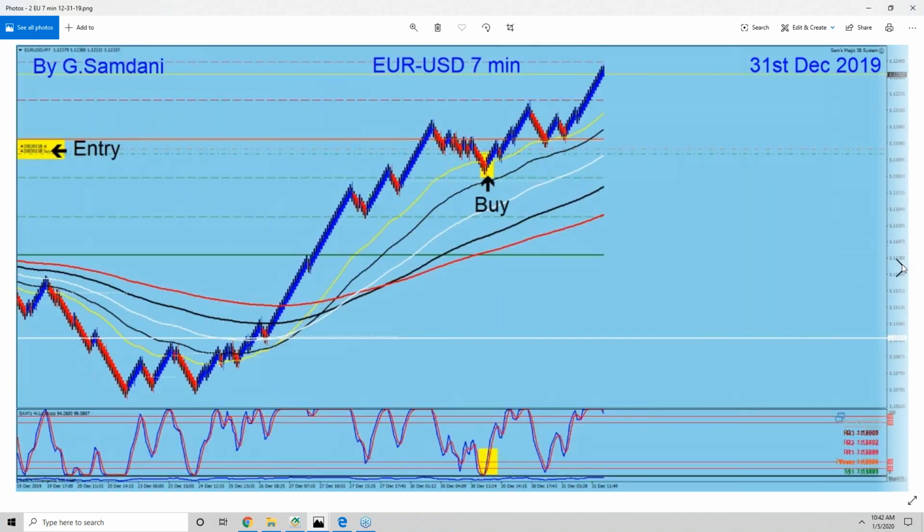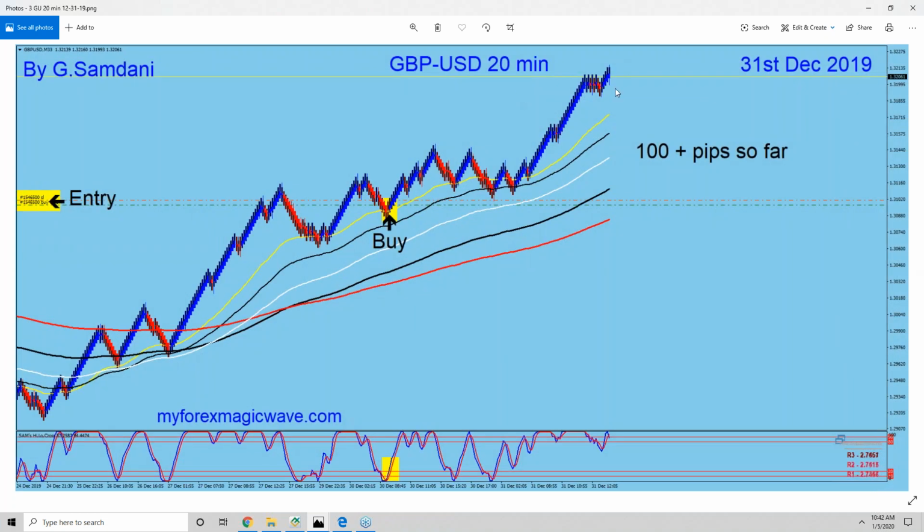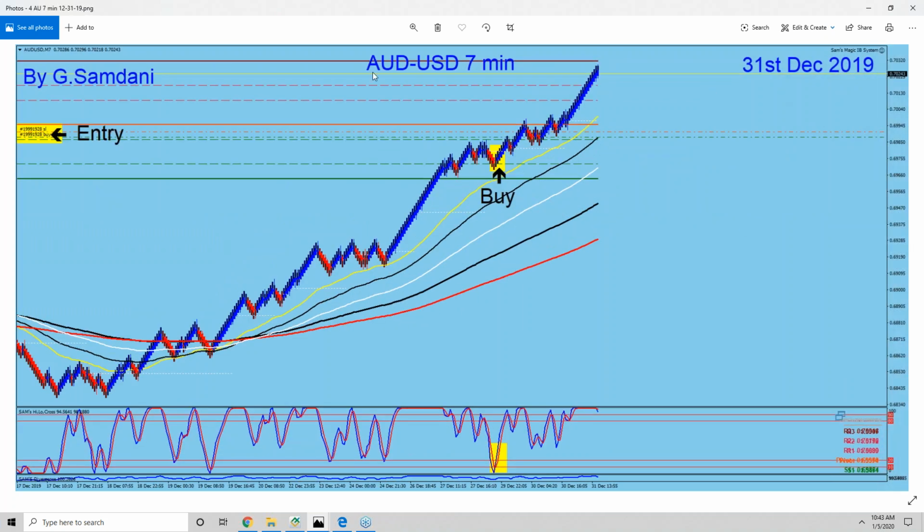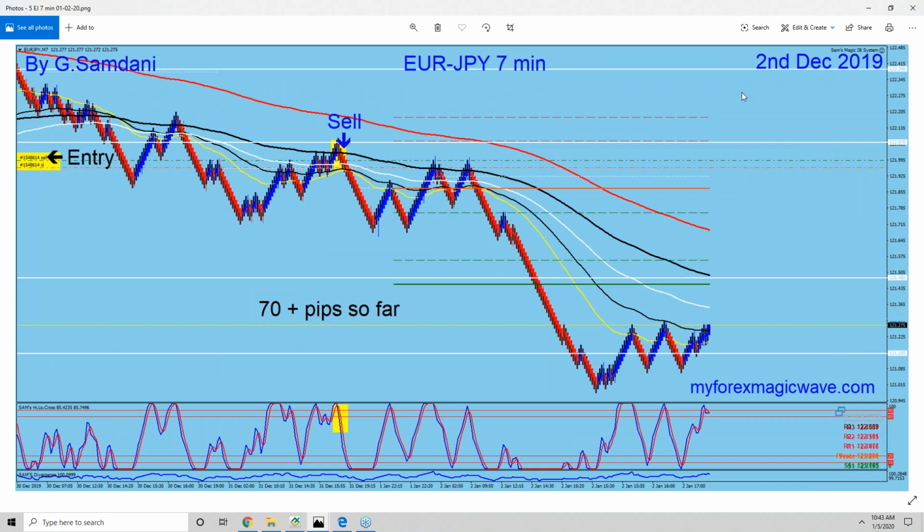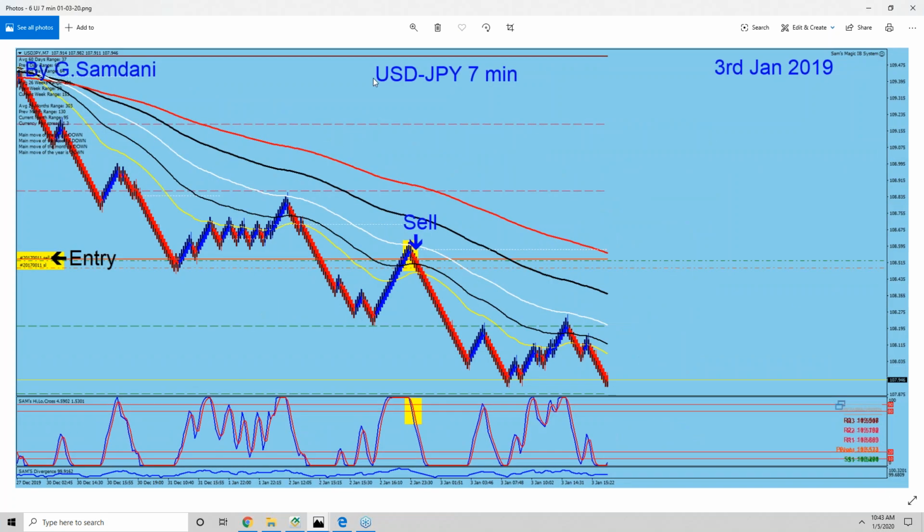So because of that, USD pairs went up: Euro USD went up, 31st December Pound USD went up, 31st December Aussie USD went up. And on the left hand side, you can see my entry and SL move to break even. All of this is the same kind of analysis. I forgot to change the date here. This is the 2nd January 2020. Euro Yen to the downside, and one more, USD Yen to the downside.